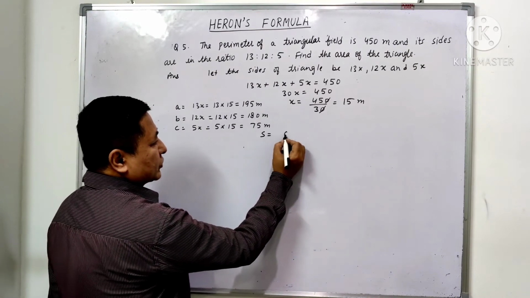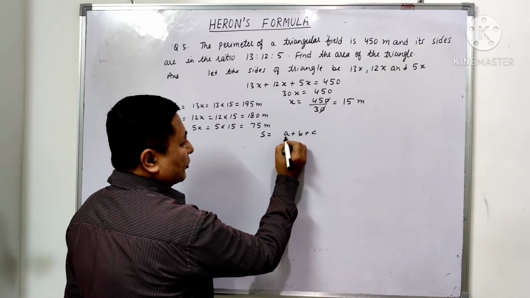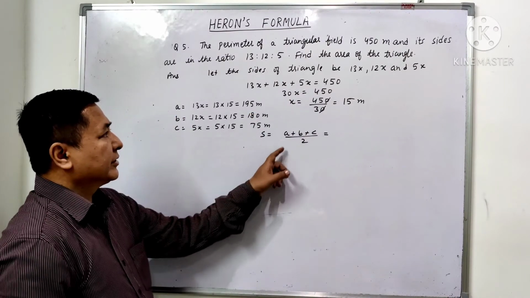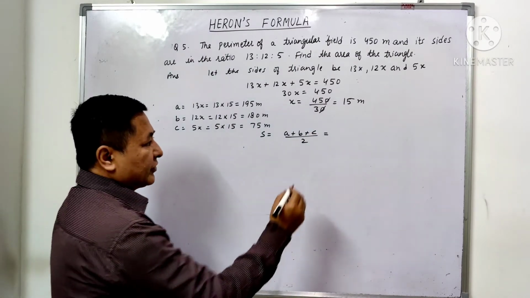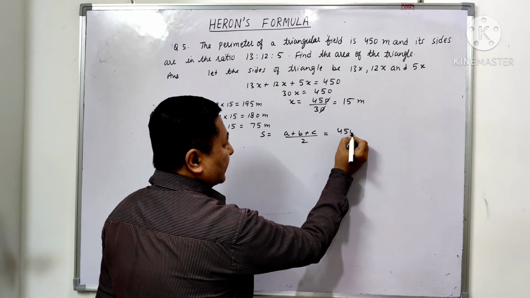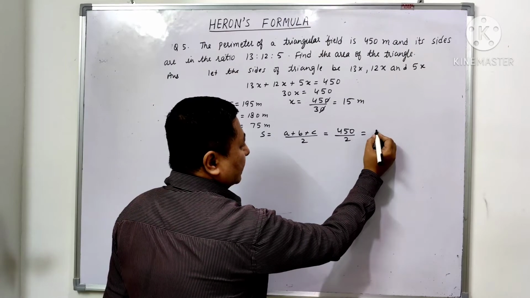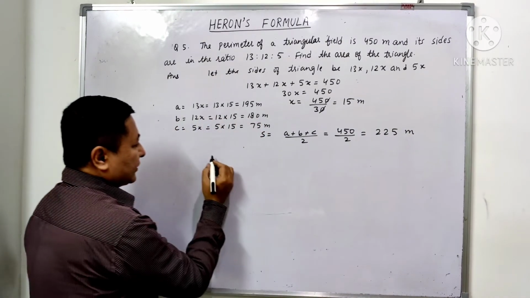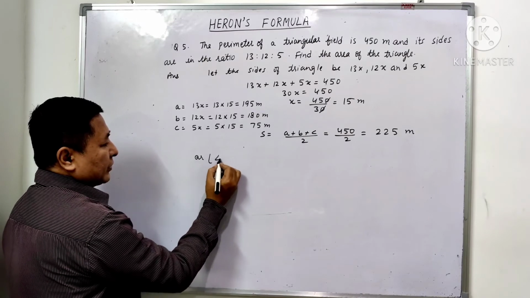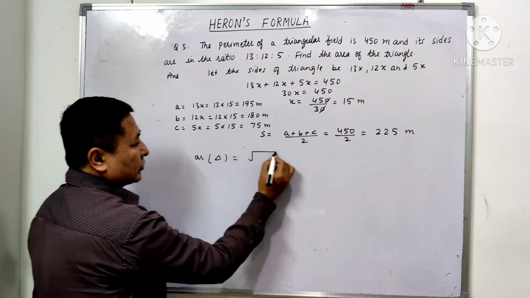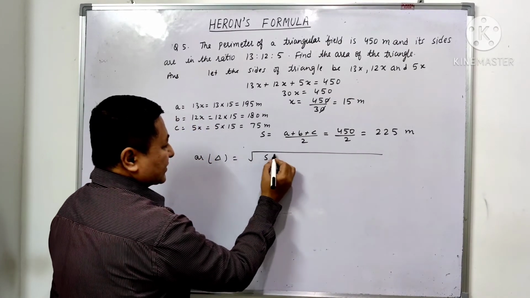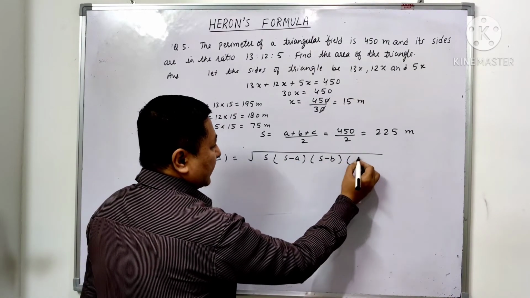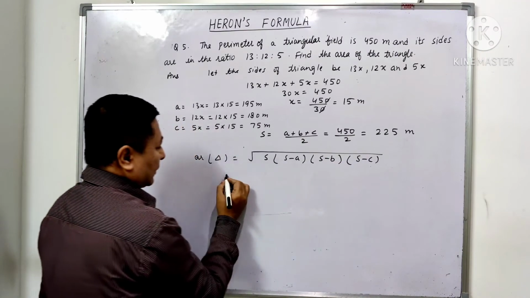So S will be equal to (A plus B plus C) upon 2, and the perimeter is given in the question, that is 450. So 450 upon 2, that will be equal to 225 meter. Now we will find the area of the triangle. Area of triangle, you know the formula, under root of S into (S minus A) into (S minus B) into (S minus C).